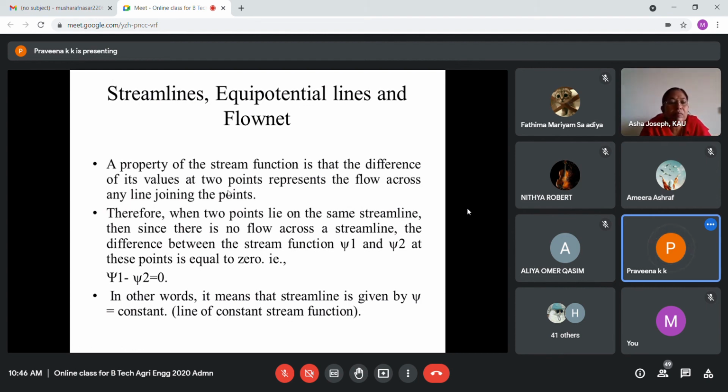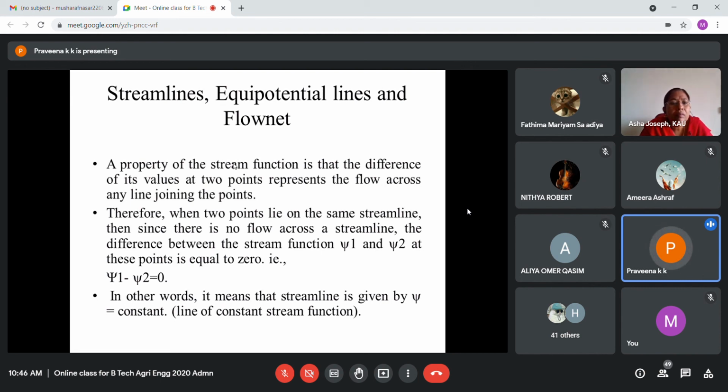The next property of the stream function is that the difference of its values at two points represents the flow across any line joining the points. One property of stream function is that the difference of its value at two points represents the flow across any line joining the points.